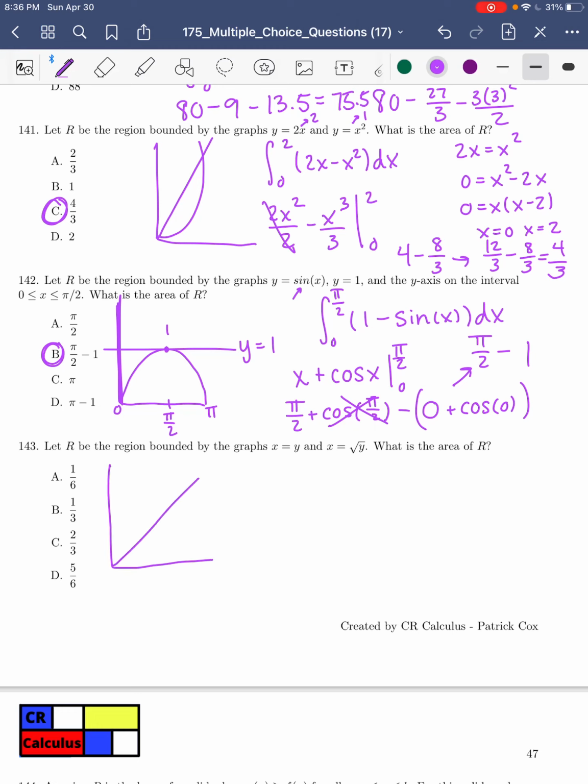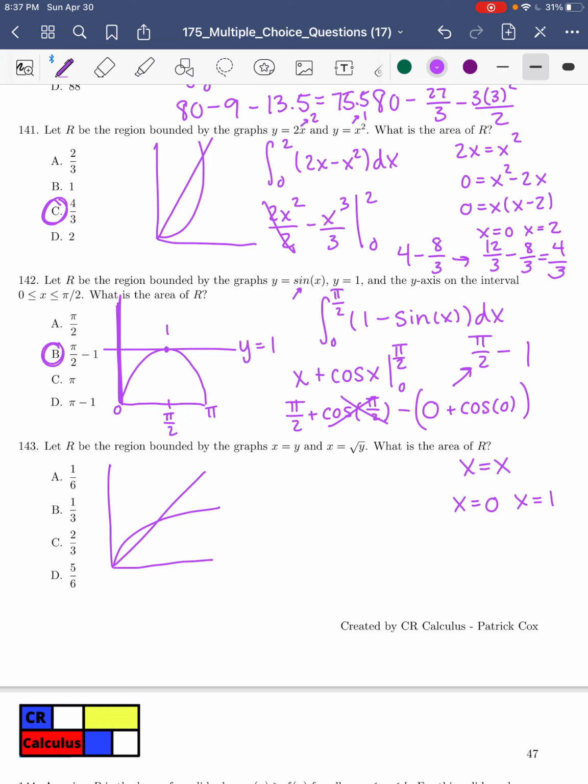Number 143, another picture. Here's x equals y. And I have square root of y. So I need to figure out where these two are equal. So y equals square root of y. Actually, let me not do y's. That makes this harder. I'm really just trying to figure out where does x equal x squared. Well, we know it's going to be at 0 and at 1.